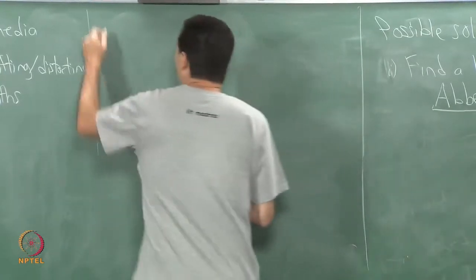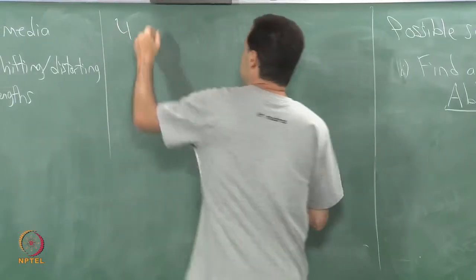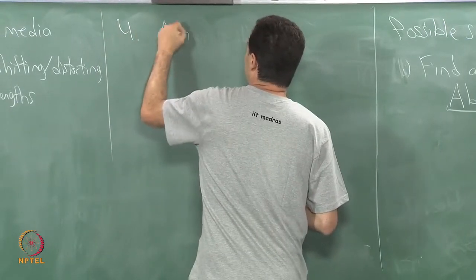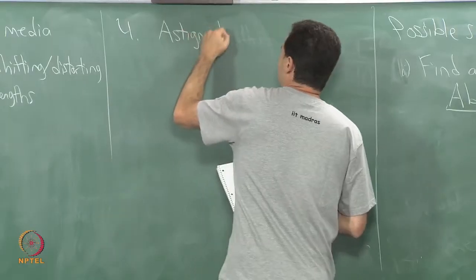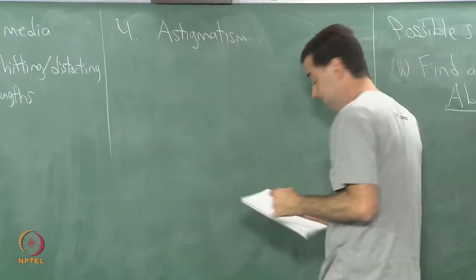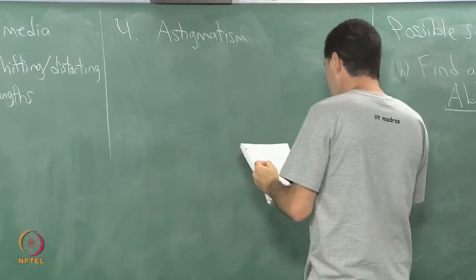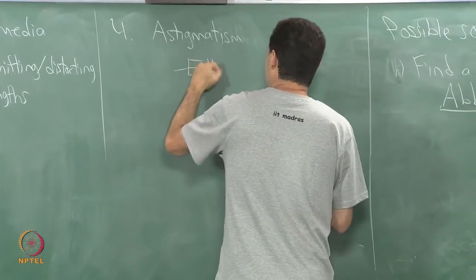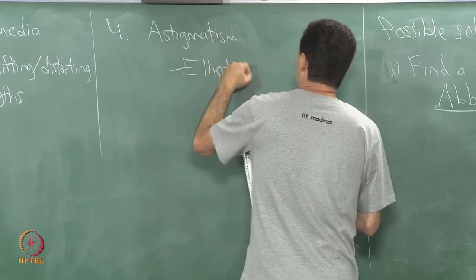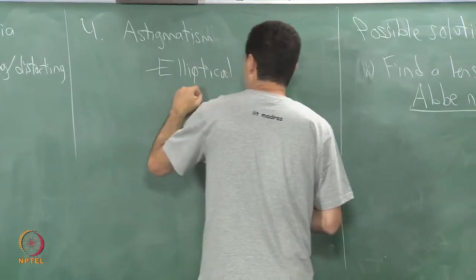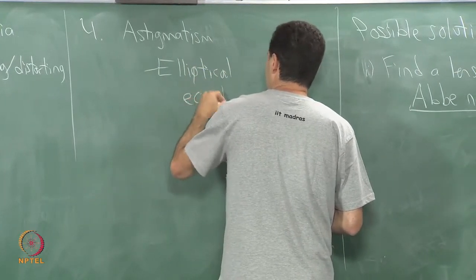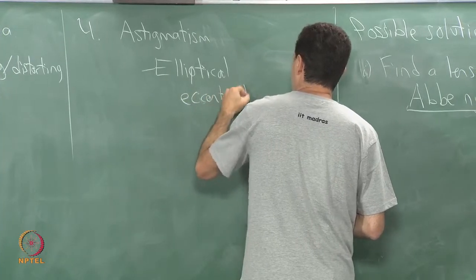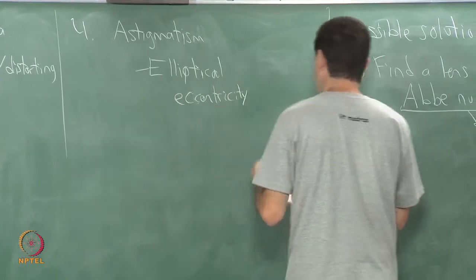So number 4 is astigmatism, which corresponds to elliptical eccentricity of the lens.